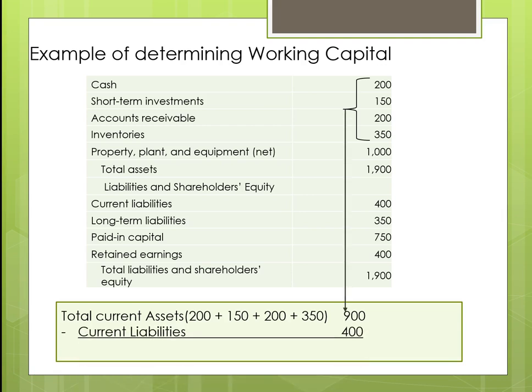Then we would look at our current liabilities. In this case, we just have one item, or they're all subtotaled together in that category, and we would subtract those, and that would tell us our working capital, which means that if this is millions of dollars, of the 900 million in total current assets, if we covered our current liabilities, we'd still have enough to cover our long-term obligations, which is something a bank would look at.